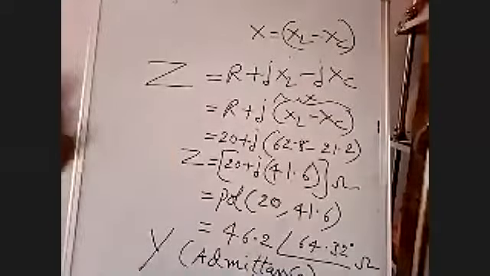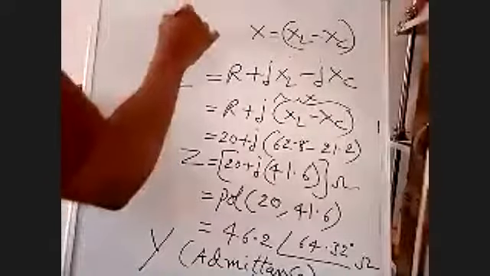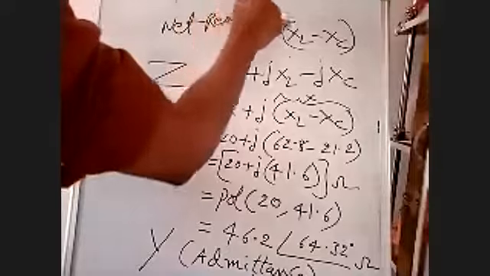X is called net reactance. Your net reactance is X is equal to XL minus XC.